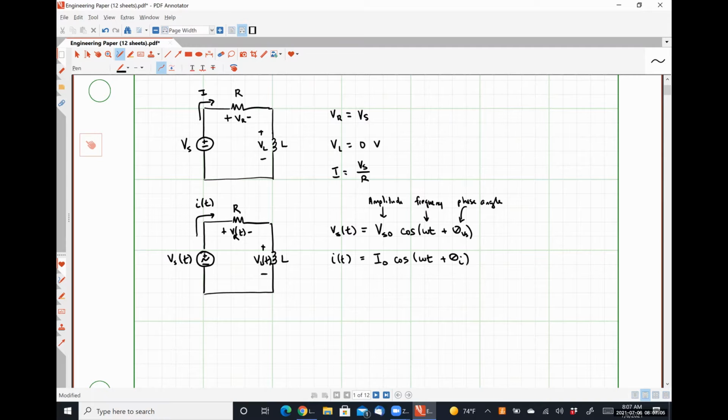The frequencies will be identical, but the amplitude and the phase angles will not be. Okay?